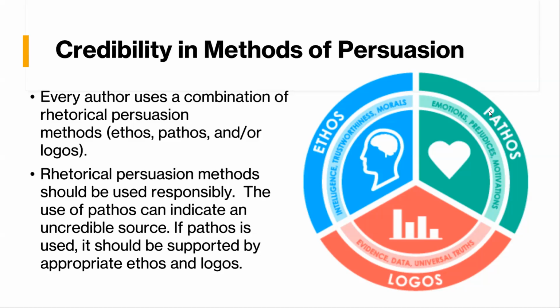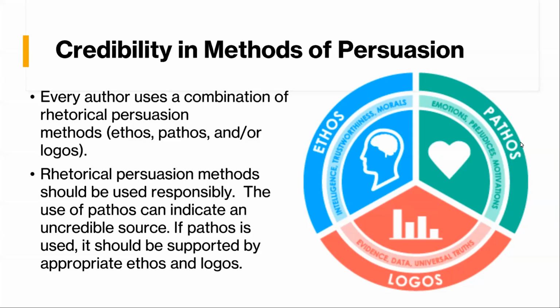Now, here's where we get into some sticky situations. If an author is trying to use pathos, which is the Greek root for words for emotion, like pathology, right? If an author is using pathos, it means that they're using emotions and prejudices and their own personal motivations, feelings, opinions, right, to persuade. And pathos can get a little dangerous because when you use your own emotions to persuade, sometimes you abandon logic and credibility.